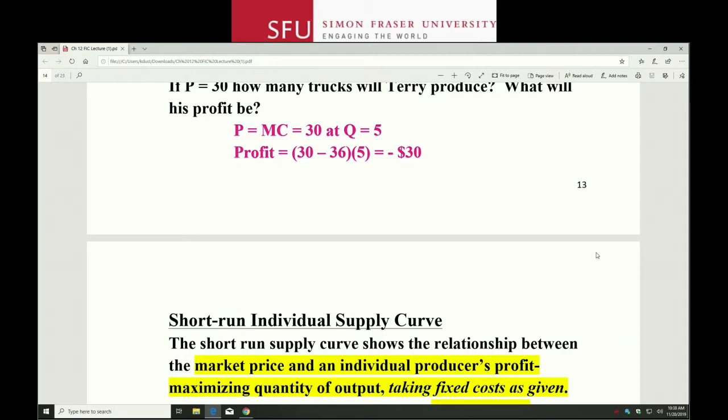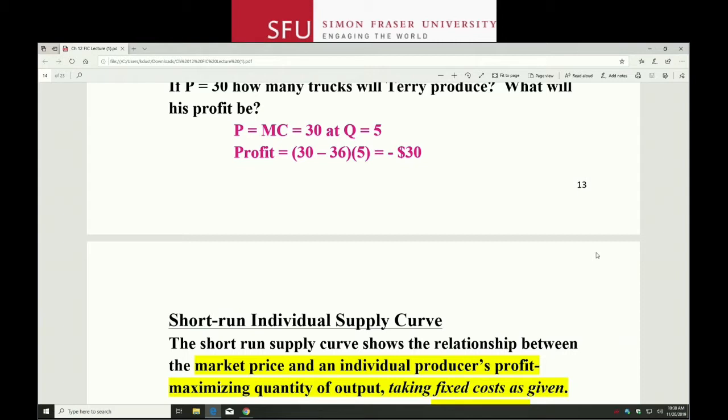Now we're specifying market price because they are price takers, right? They take the market price as given, and then they're picking an optimal quantity to maximize their profit, but they also have these fixed costs.